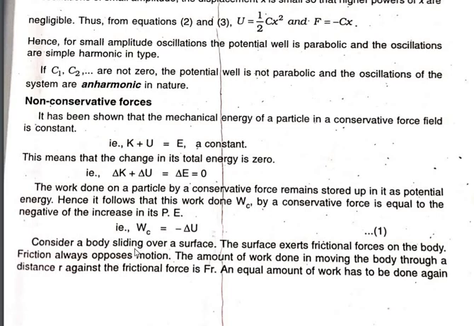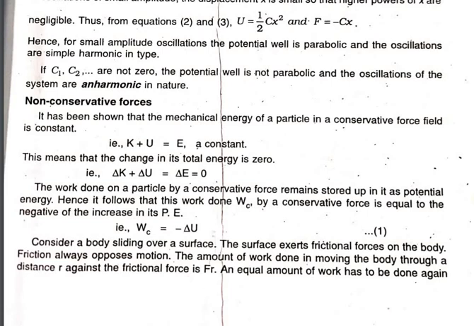Consider a body sliding over a surface. The surface exerts a frictional force on the body. The friction always opposes the motion. The amount of work done moving a body through a distance r against the frictional force is Fr.